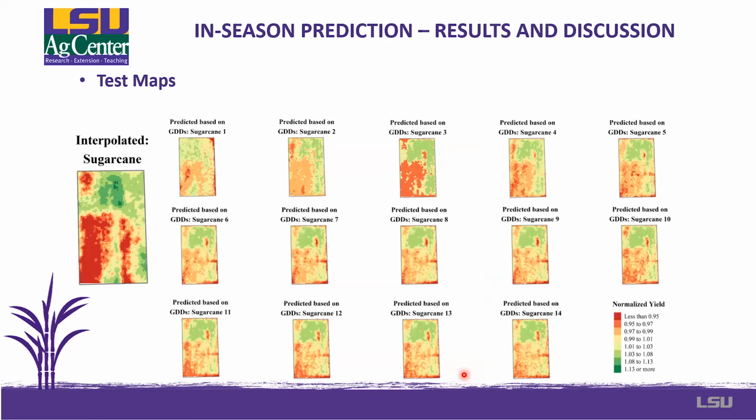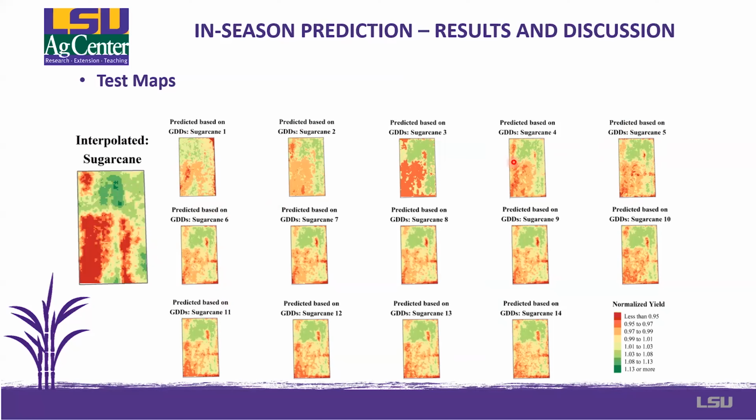And this we can also see through the maps. So this, again, is the interpolated map that came out of the yield monitor, and those are the maps for each scenario. We see that even though the regions with low yields, in red and orange, and high yields, in green, kind of match the regions we also have in the interpolated map, it still doesn't match as well as when we move forward and see the fourth, the fifth, and the sixth scenario here.